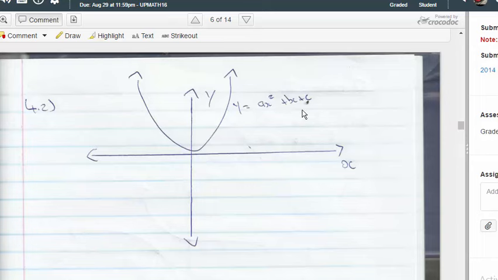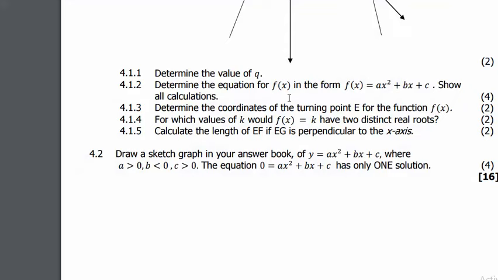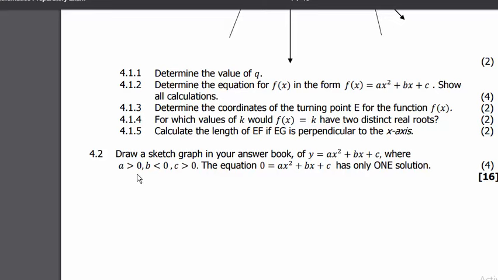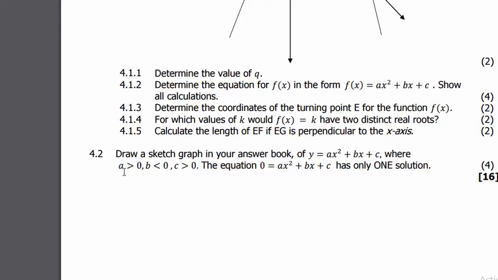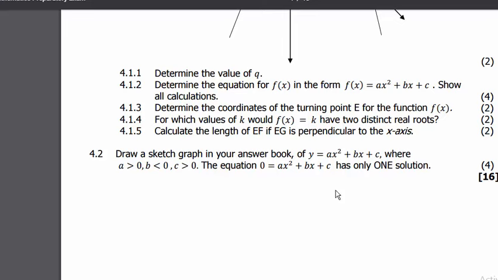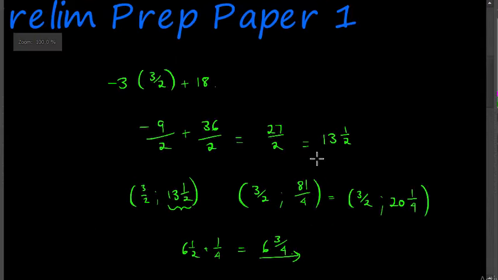Here we go. Okay, I think what we need to recognize is what each of these values mean. So let me show you what the consequence is going to be. If a is bigger than 0, first of all, it's 4 marks. So you're going to get 1 mark for each of the properties that is affected by these values.